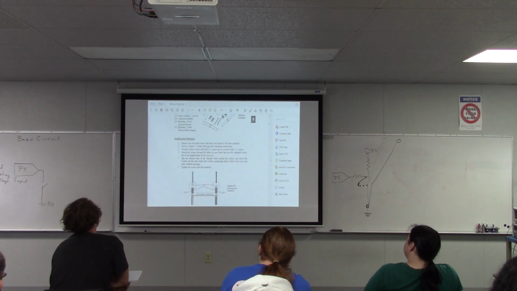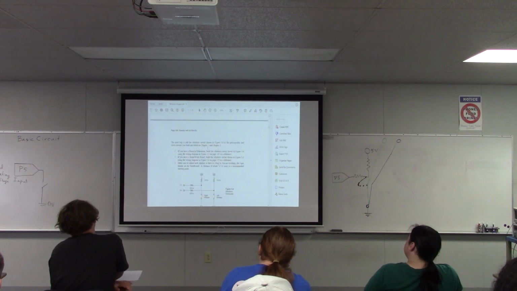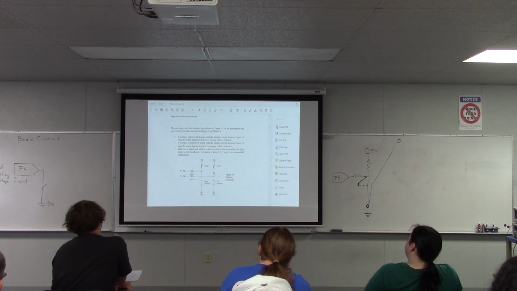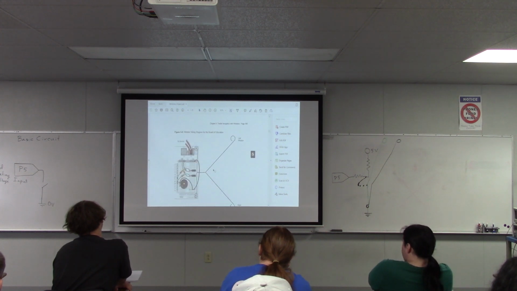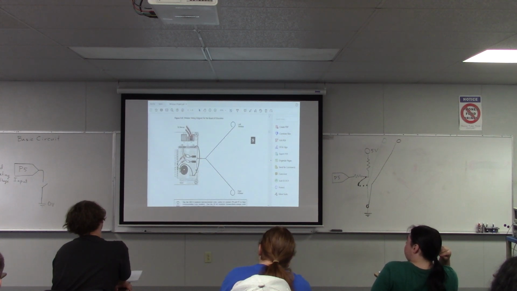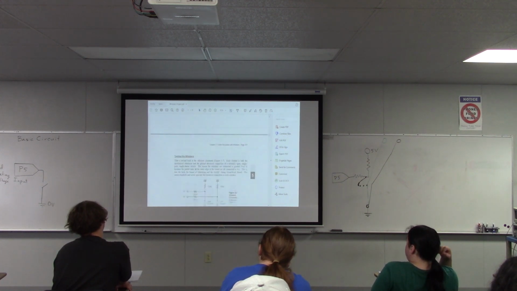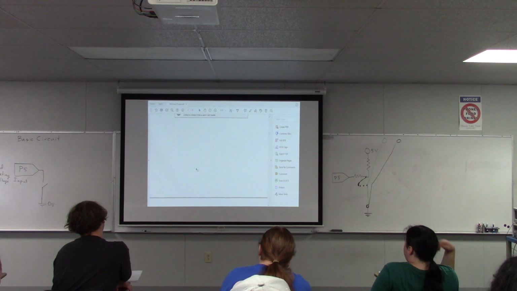So you would start there. This shows the circuit that we talked about on board. And then this shows how to create that on your breadboard. So you should put that together if you're going to work on this.